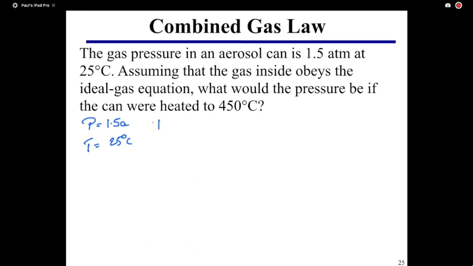It asks about a second pressure. So this becomes now number 2. This pressure is the first, and this temperature must be the first. I don't know what that is. What would the pressure be if the can were heated to 450 degrees?